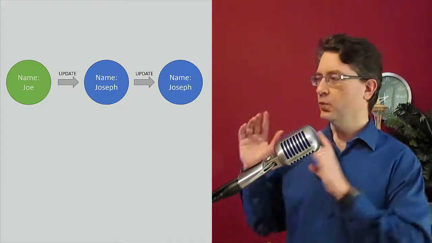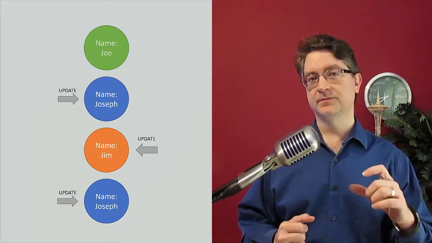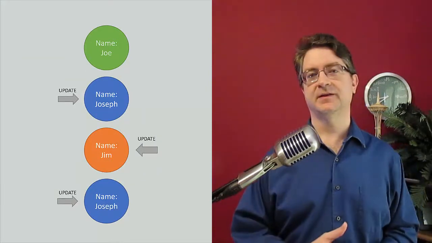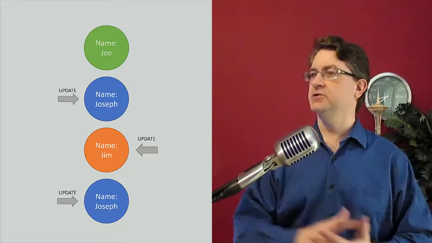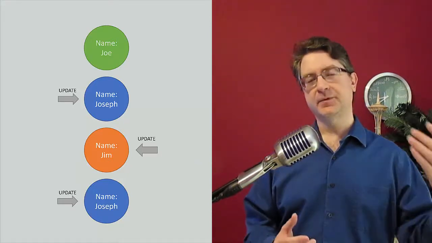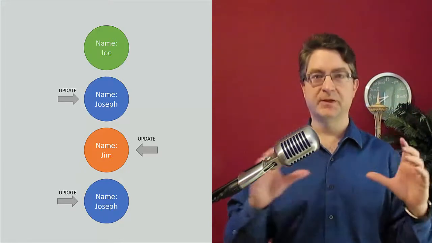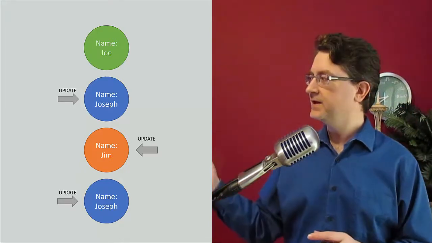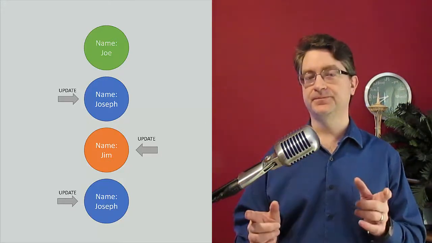So if one person is trying to update the name from Joe to Joseph, and another person is trying to update the name to Jim, then we might end up in this situation, where I apply the update to Joseph first, and now I'm in the state name equals Joseph, and then I apply the update to Jim, so now I'm in the state name equals Jim.